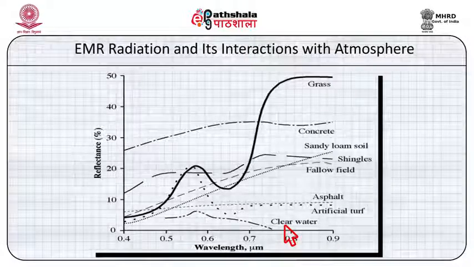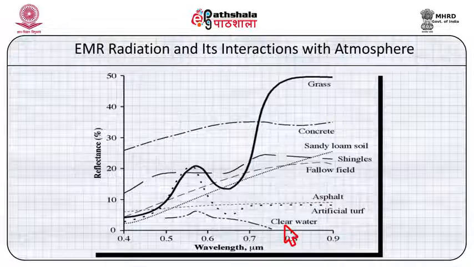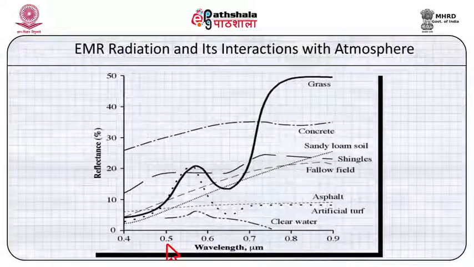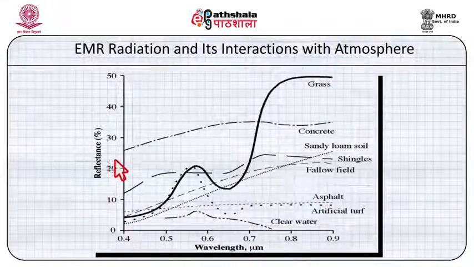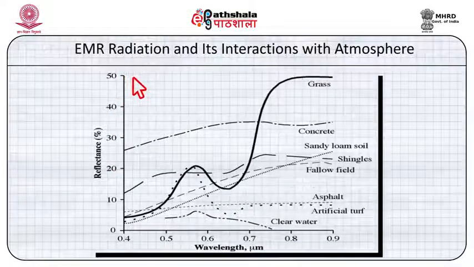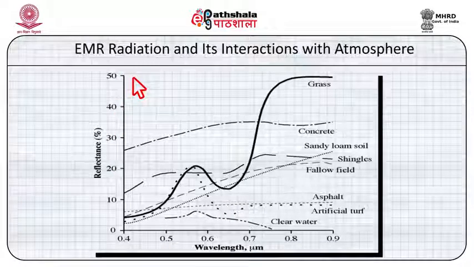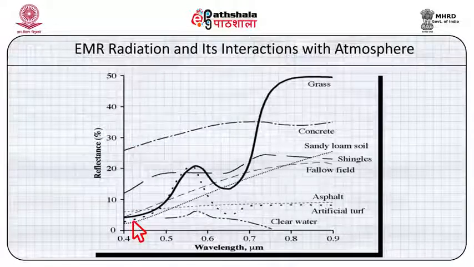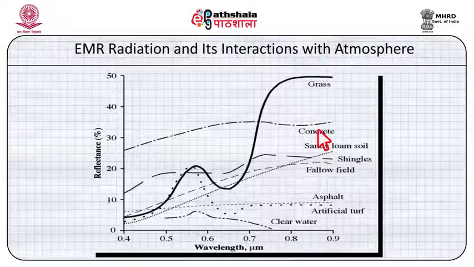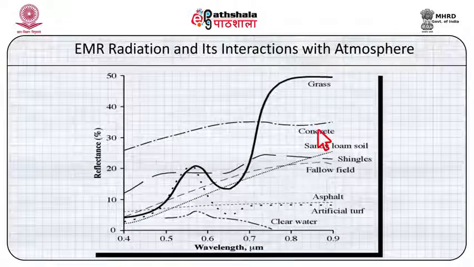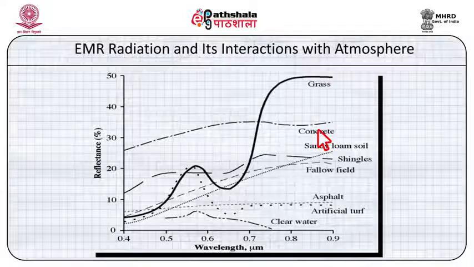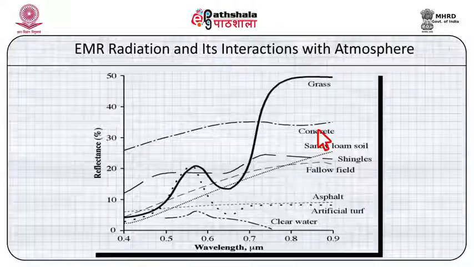If you see the region from 0.5 micrometer, on the y axis on the left side we have the reflectance in percentage. It shows that in the blue region the reflectance is not so high, but if you go to the green, red and infrared regions, the reflectance increases for all the objects, whether it is concrete, grasses, a snow field, or sandy loam soil.